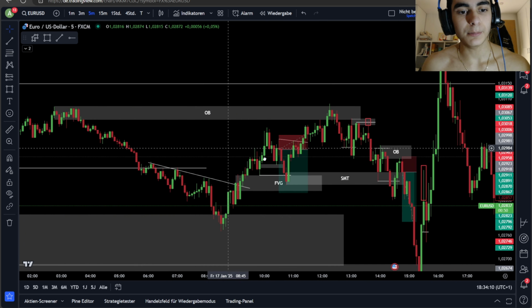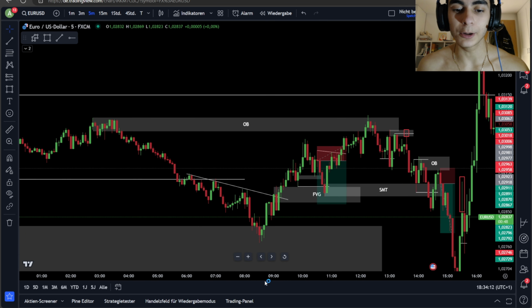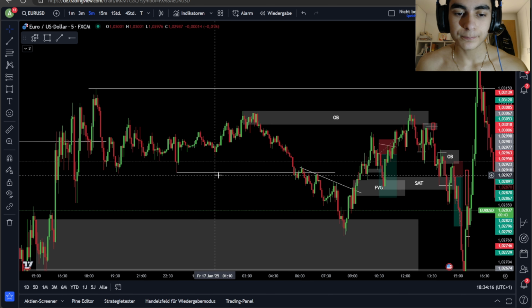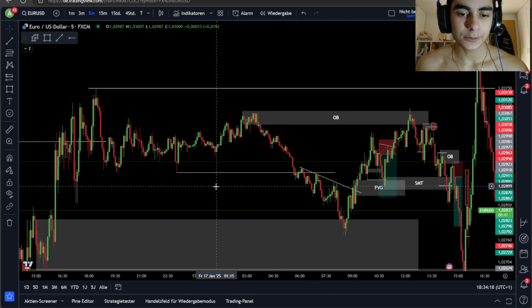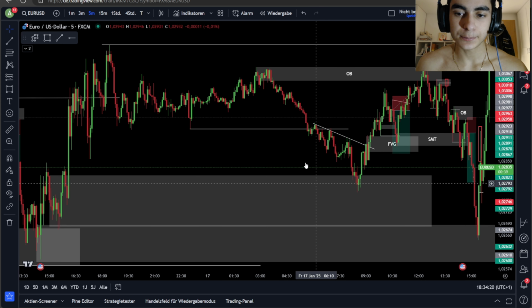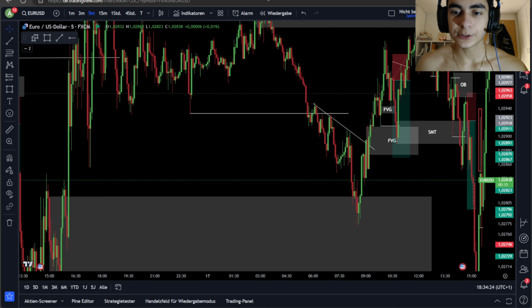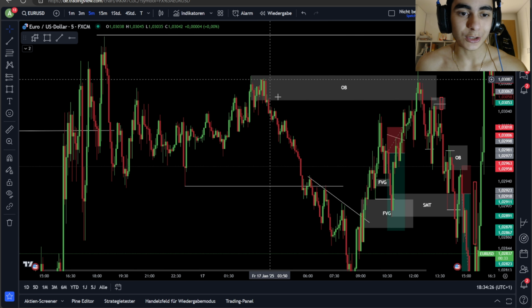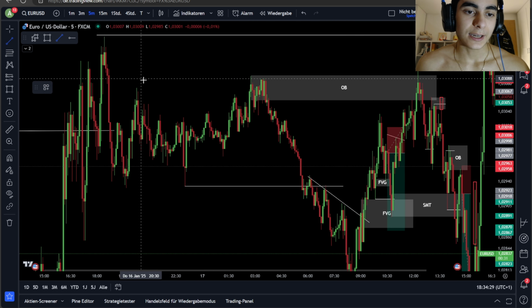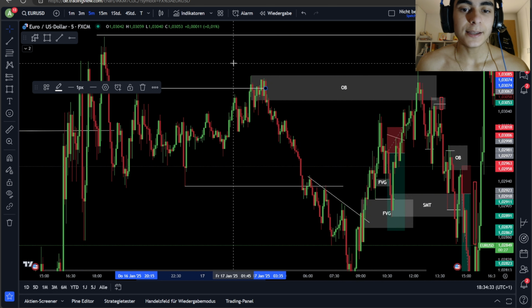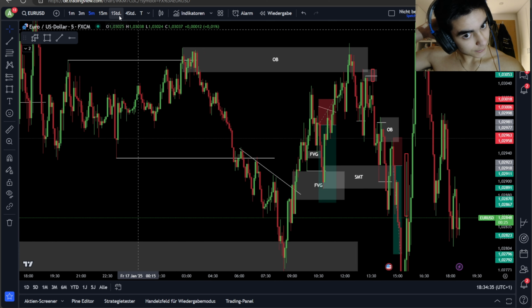So I thought, okay, maybe we can now proceed to go lower because we've broken this low, came back into the supply, took out this trend line. So if we come back into this order block, which is a high probability order block because we swept liquidity, then I might look for a sell.